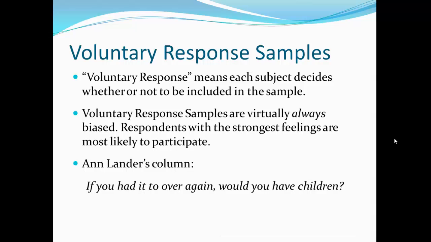In the first case, most people reading Ann Landers's column didn't really feel strongly about this issue, so those who responded were those who probably were having some considerable difficulties in their families at the moment or sustained over time. Those people, not surprisingly, said perhaps it would be a good idea if we'd never had children in the beginning.